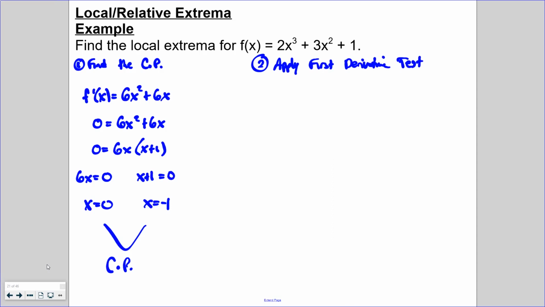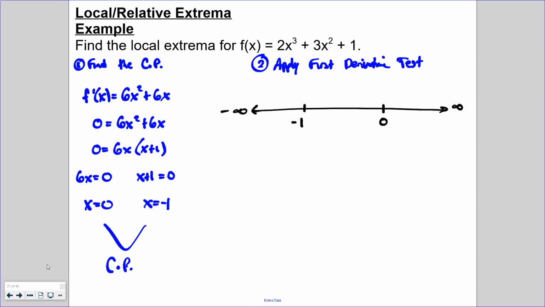All right, so to do that, we will draw our domain. The domain of our function, a polynomial, goes from negative infinity to positive infinity. And we'll plot our critical numbers of negative 1 and 0.